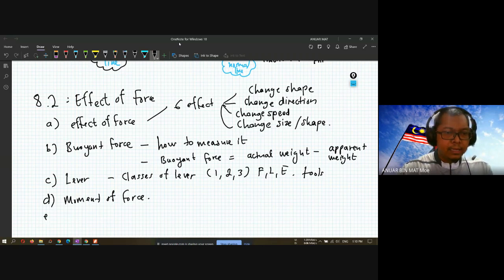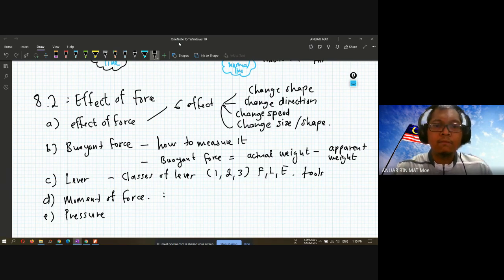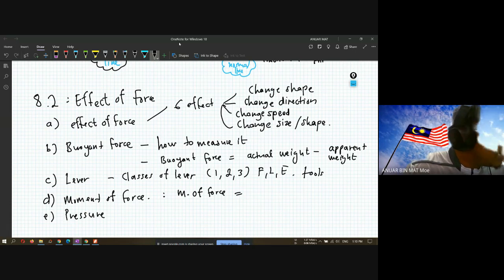And number 5, E, we learn about pressure. Moment of force, you also need to know the formula, or how to find out the moment of force by using the formula. Moment of force is equal, who still remembers what the formula is?